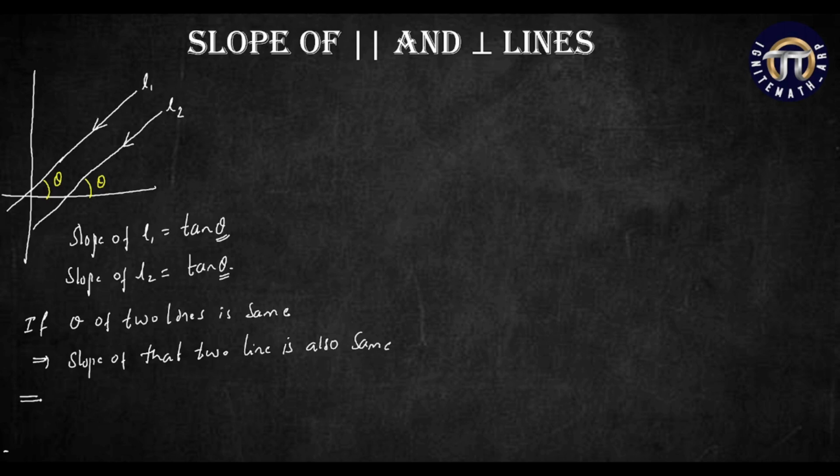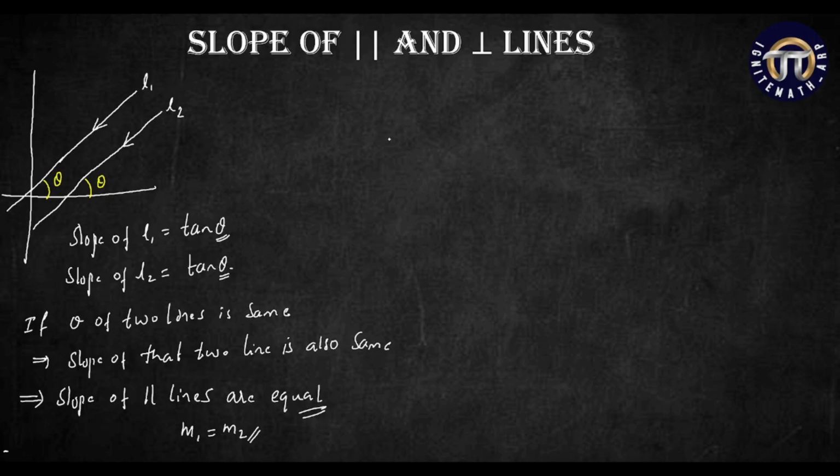In the sense, children, I can conclude that the slopes of parallel lines are equal, because theta will be the same. So here I can say m1 is equal to m2. If two lines are parallel to each other, their slopes are equal. On the other hand, if the slopes of two lines are equal, the given lines are parallel to each other. Clear, children?